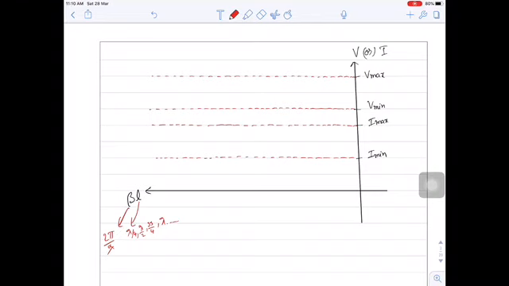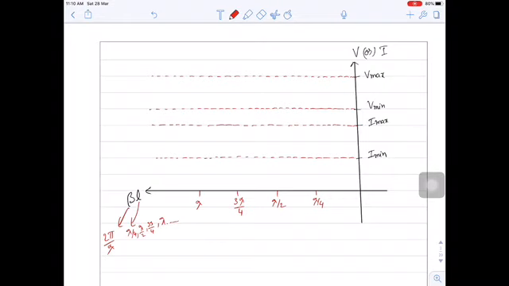Let us say the corresponding values here are: this is lambda by 4, this is lambda by 2, this is 3 lambda by 4 and this is lambda.